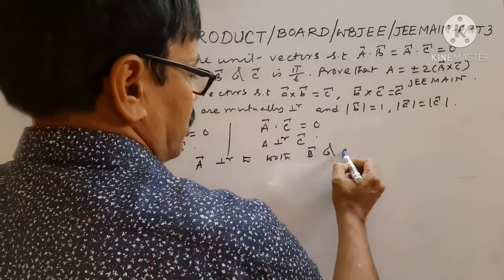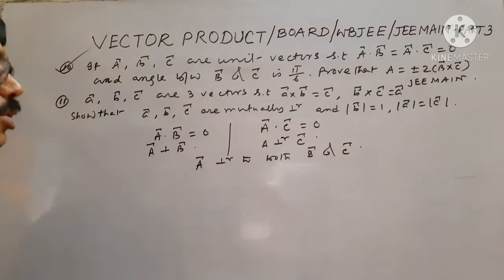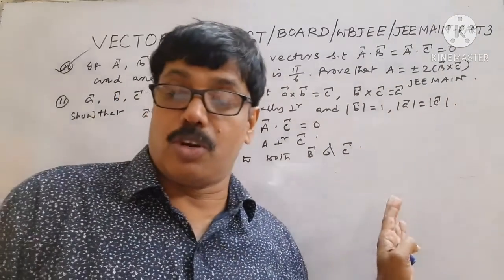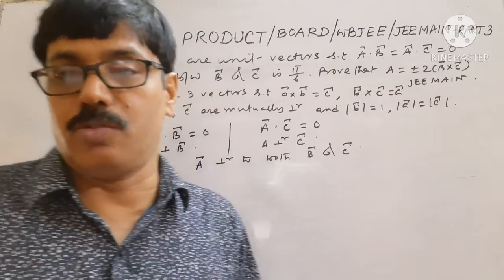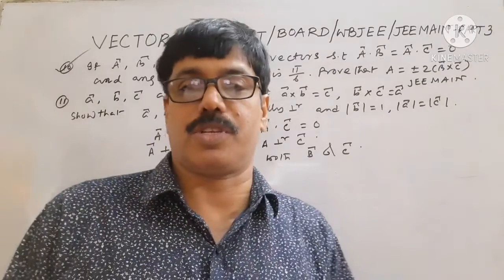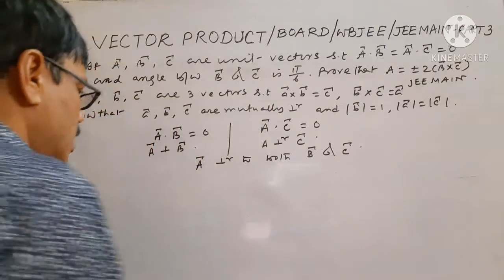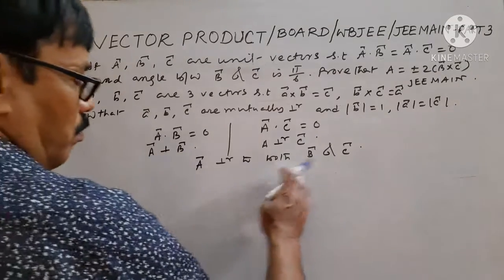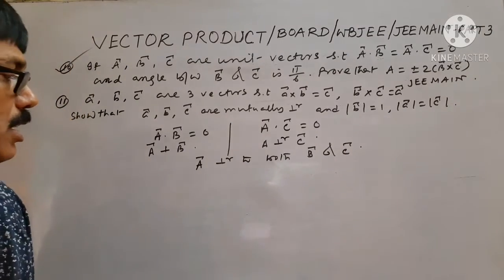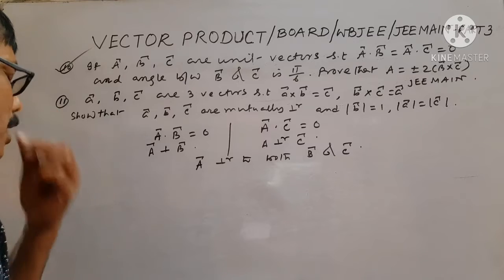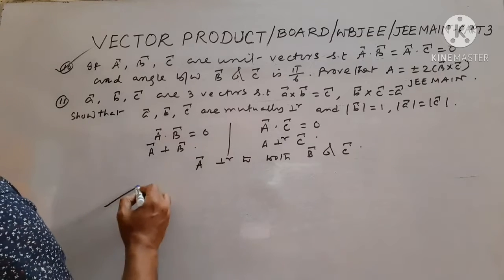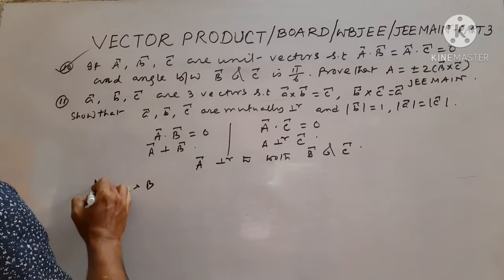B and C. So the perpendicular vector to both B and C, you know, this is B cross C. So A is perpendicular to both B and C. Suppose this is B vector, this is C vector.